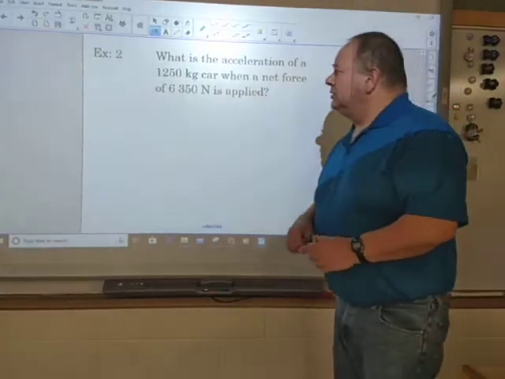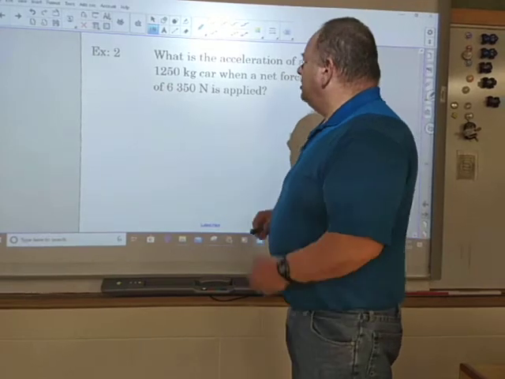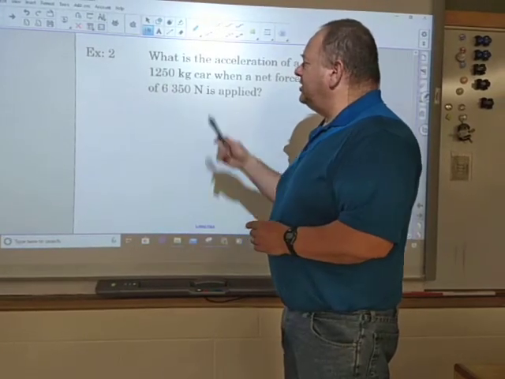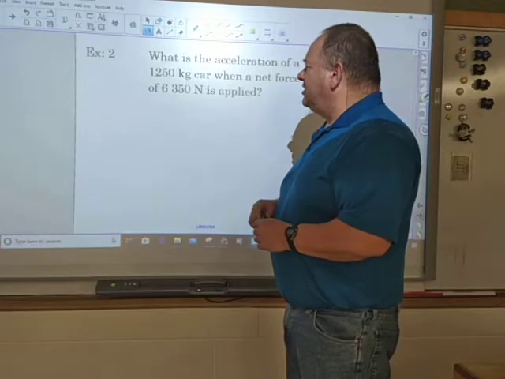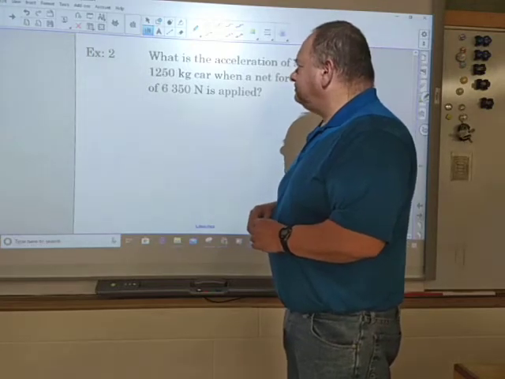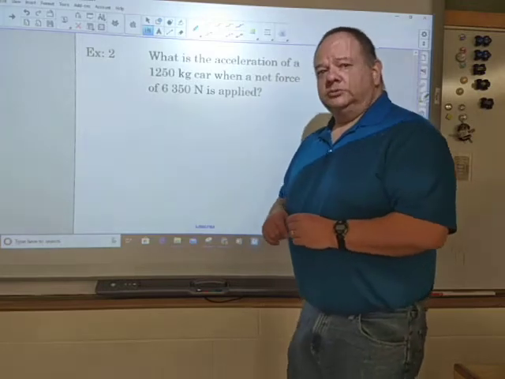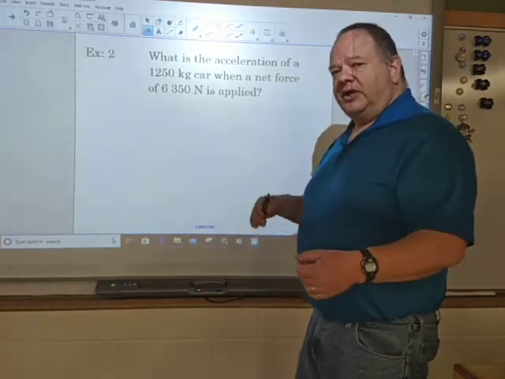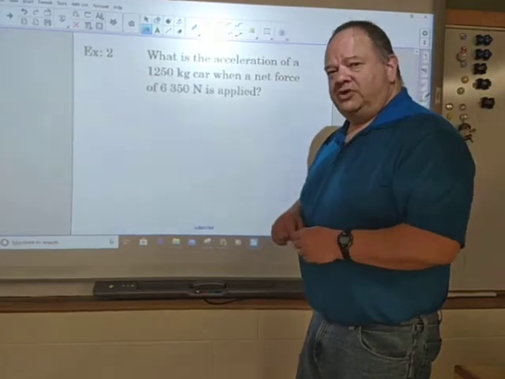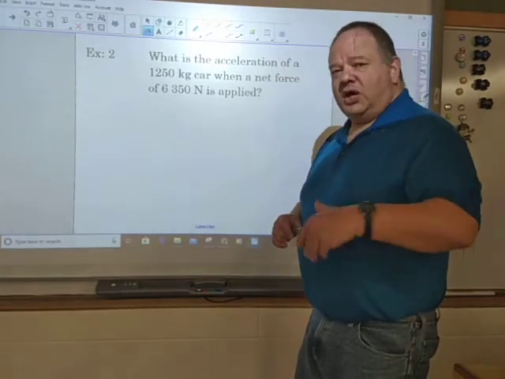Another example. What is the acceleration of a 1,250 kilogram car when a net force of 6,350 newtons is applied? So, I'd like you to figure out what's our formula, what are we trying to calculate. If you have to, rearrange your formula for that. Pause until you have that done.